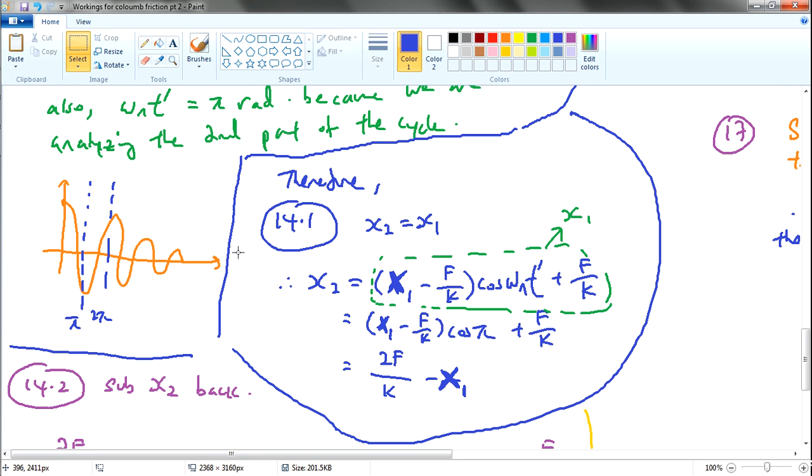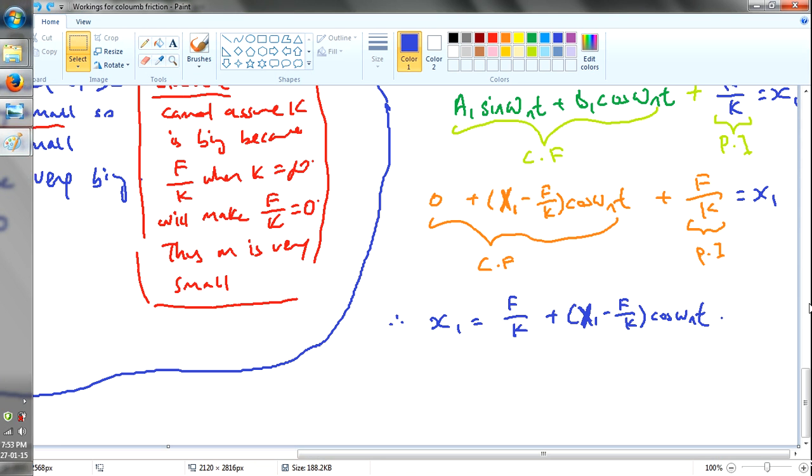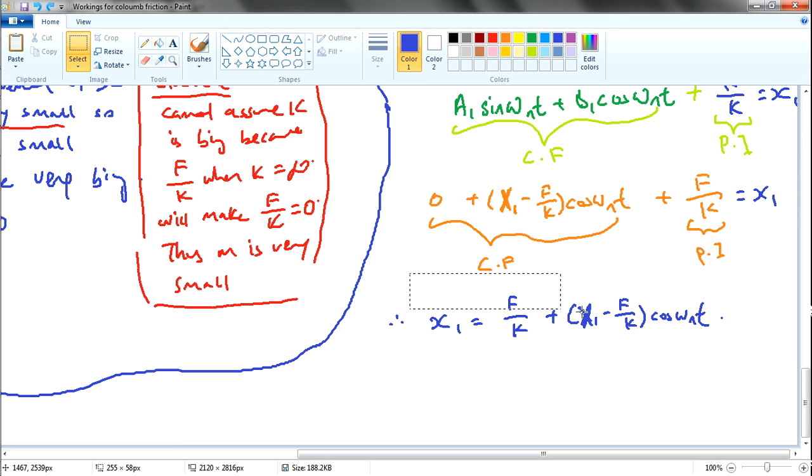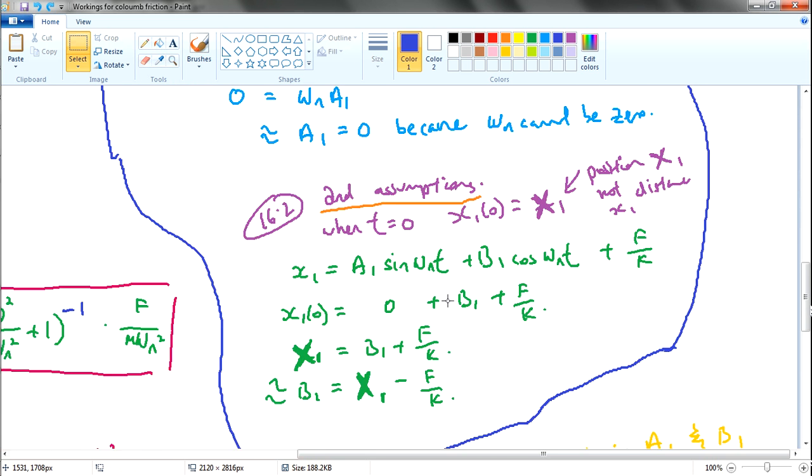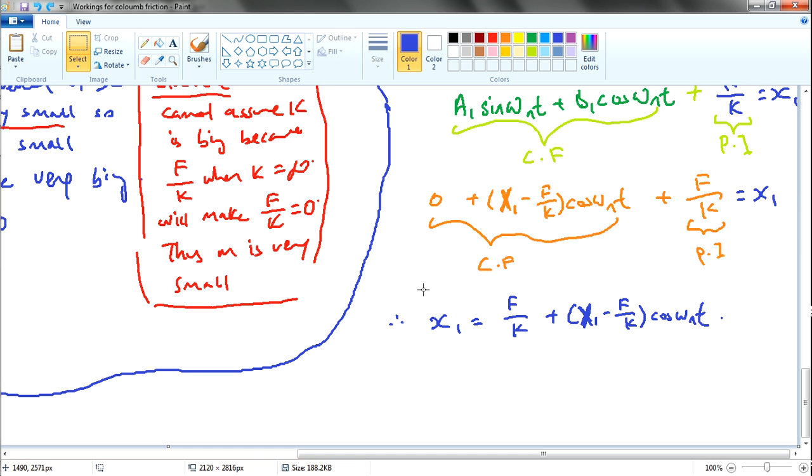We're talking about the t prime domain, and therefore it's like a t is actually t prime. In this case we sub in t prime as t. So x1 now is the previous first part we were doing, where we derived cosine omega t.